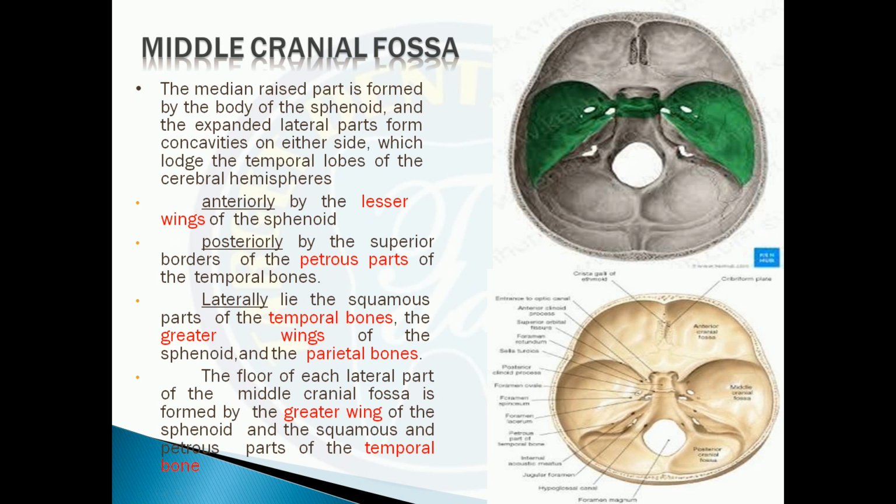You have to keep this in mind: anteriorly the middle cranial fossa is formed by the lesser wing of sphenoid, posteriorly by the petrous part of the temporal bone, and laterally by the greater wing of sphenoid.